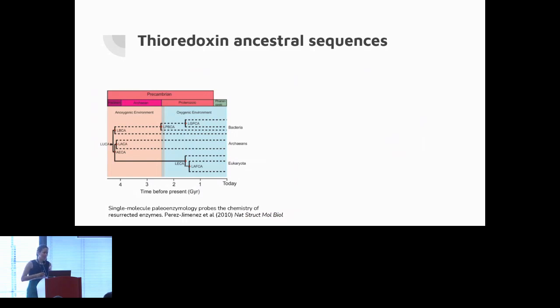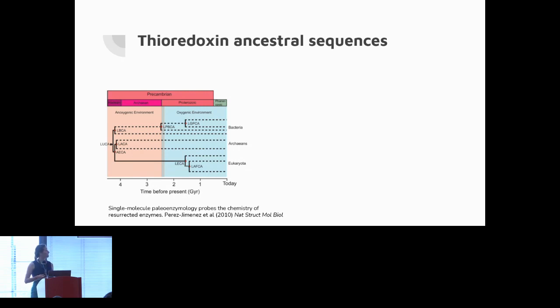Here is a study in which the authors took a multiple sequence alignment of thyroidexine proteins, and using phylogenetic inference reconstructed several ancestral proteins. They also obtained some structures of them, so basically proving that these are true sequences which probably could correspond to the last common ancestors.